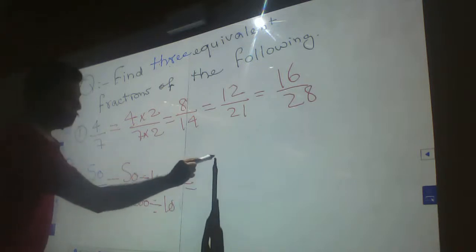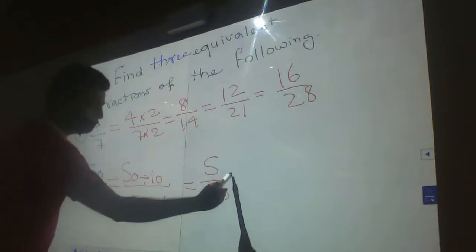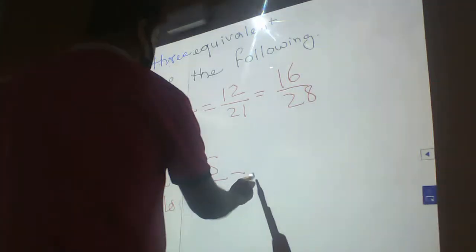So it is 5 over 20. Now again the same, whatever number you can divide by. So let's say divided by 5. If we divide by 5, what is it? 10 over 40. Correct? Okay. Again, any number?